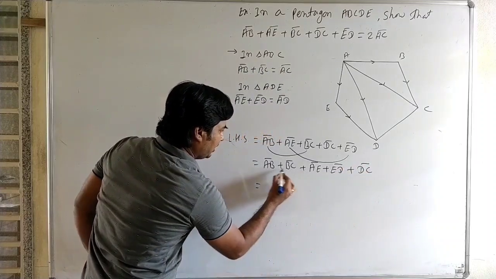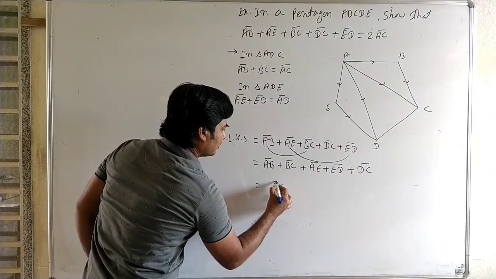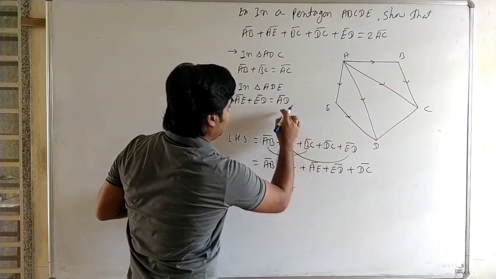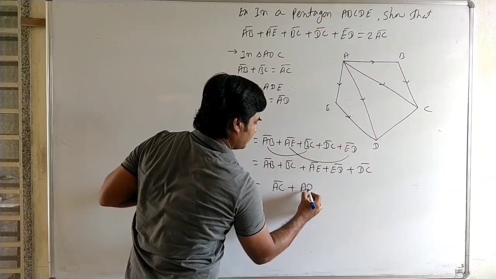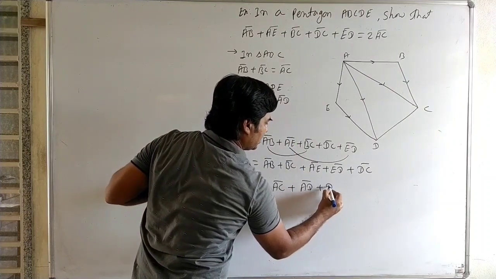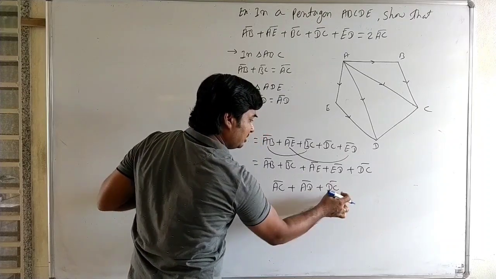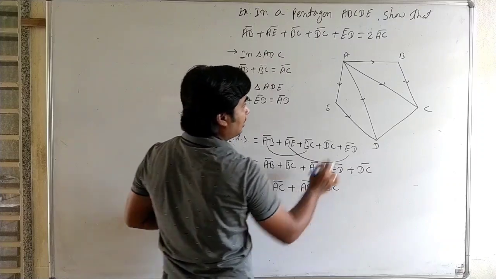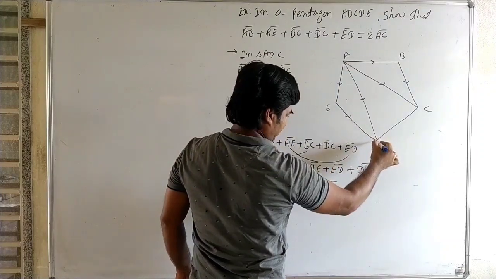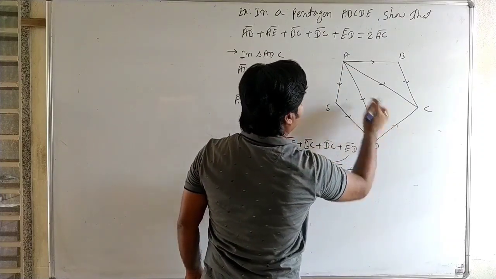Now here it is AC plus AD plus DC. Again AD has its terminal point where DC has its initial point, therefore the vectors AD and DC form a triangle.